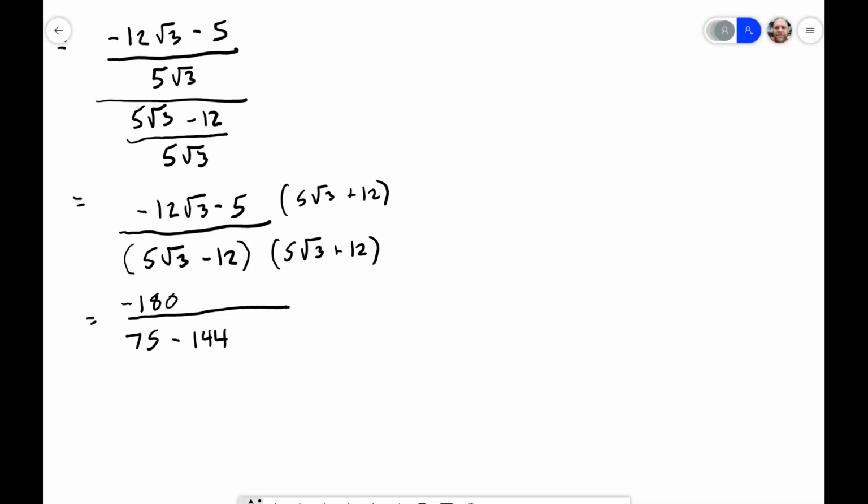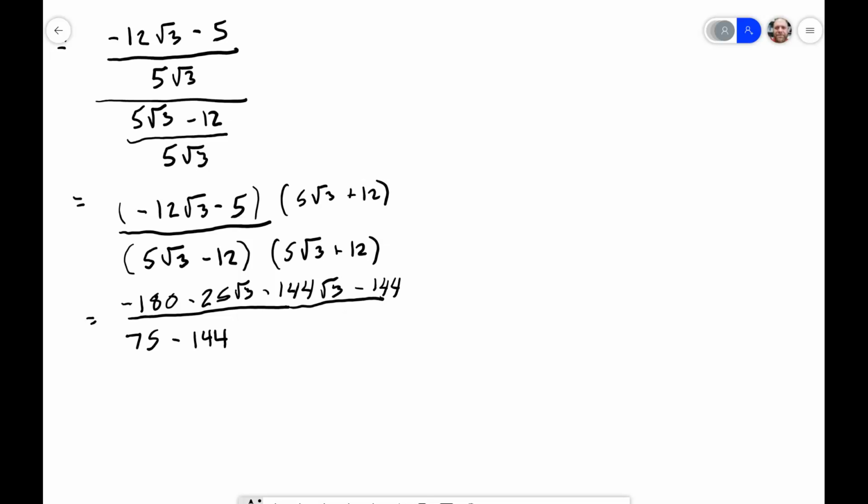Then I'm going to get the inner terms, which will give me a minus 25 times the square root of 3. The outer terms will give me a minus 144 times the square root of 3. And then the last terms will give me a minus 144.